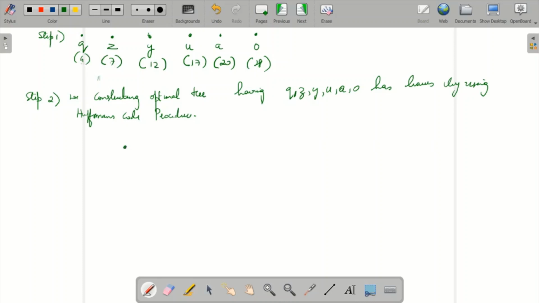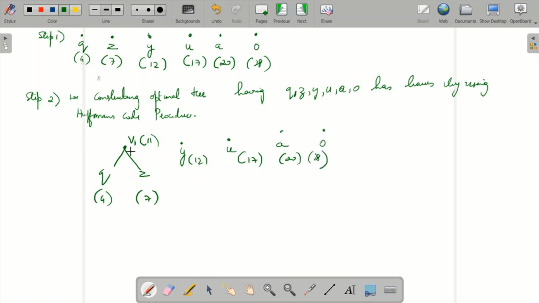So that is a new vertex called V1 with the weight 11, whose left branch is Q, whose right branch is Z, with their weights 4, 7, followed at the same level by Y, whose weight is 12, then U, whose weight is 17, then A, whose weight is 20, and then O, whose weight is 28. This is step 2.